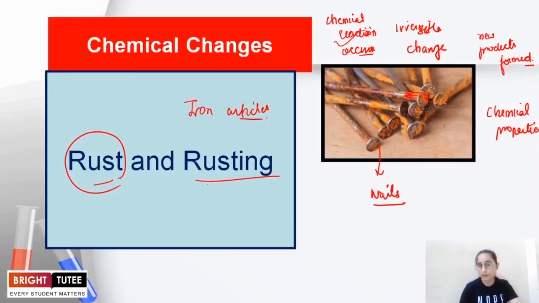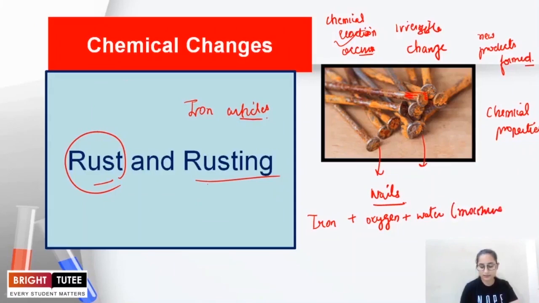Now what is happening here? Basically, these are iron nails. So we can say that the change that is occurring is a chemical reaction. What is happening? The iron, right, reacts with the aerial oxygen. Aerial oxygen means the oxygen gas present in the air and the water present in the air. Water is basically moisture.